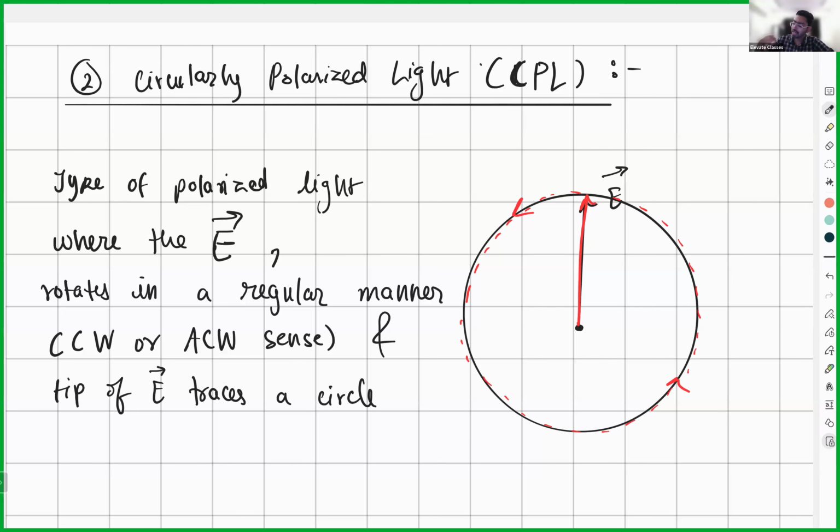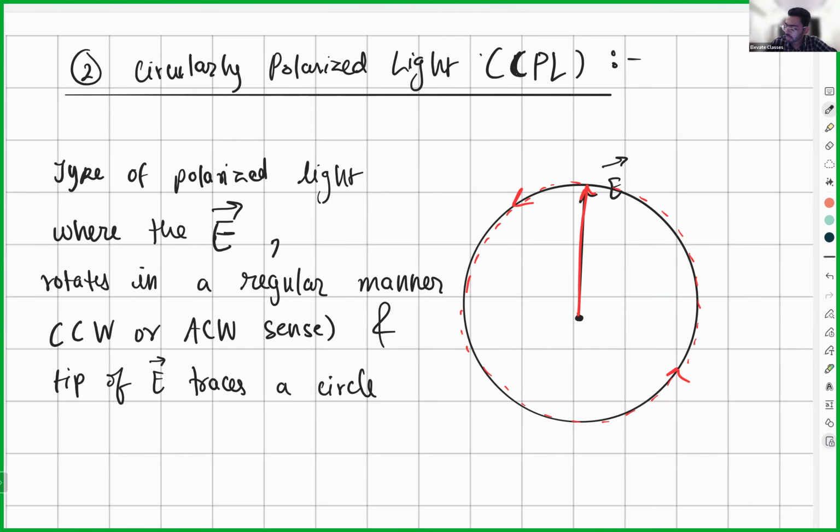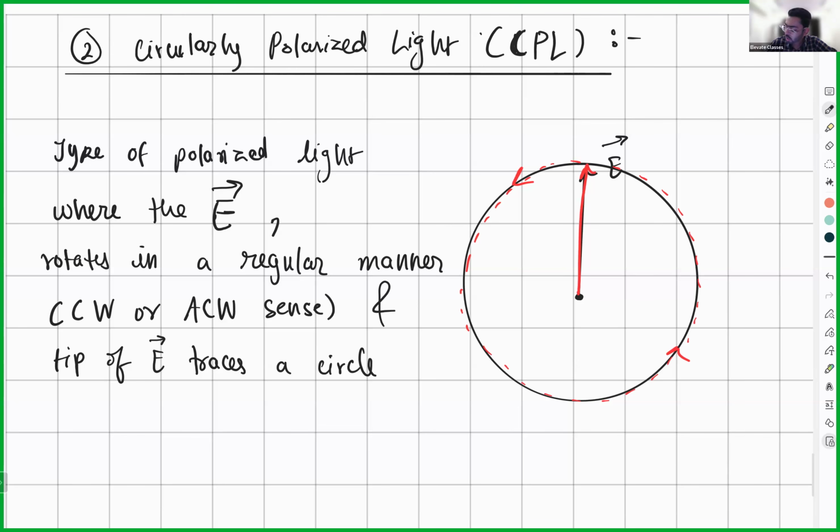So you see this electric field vector is rotating continuously. When it rotates, you can observe one thing, that its length should not change. So the magnitude of the electric field vector should not change. This can help to distinguish between circularly polarized light, elliptically polarized light, and plane polarized light.